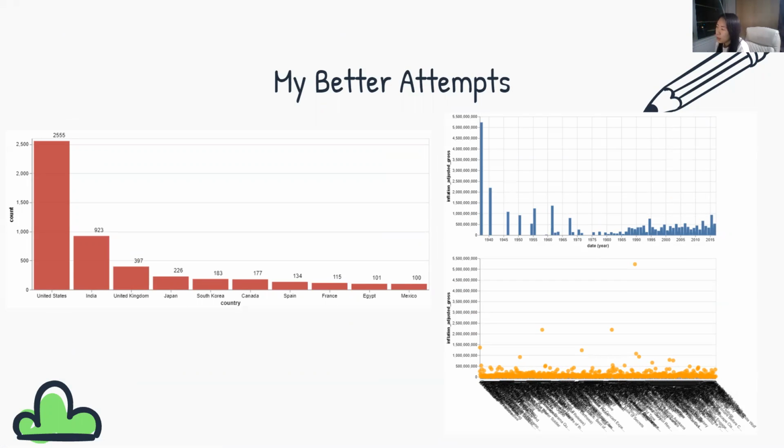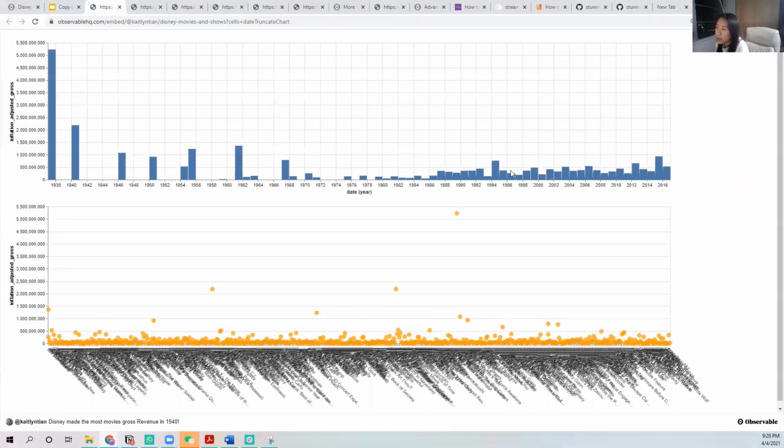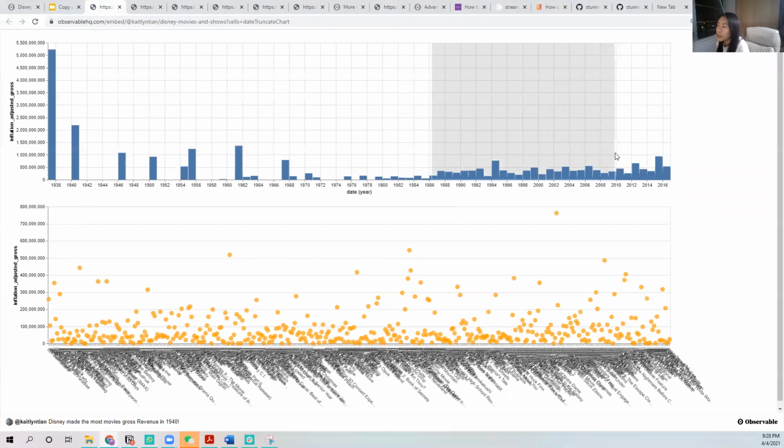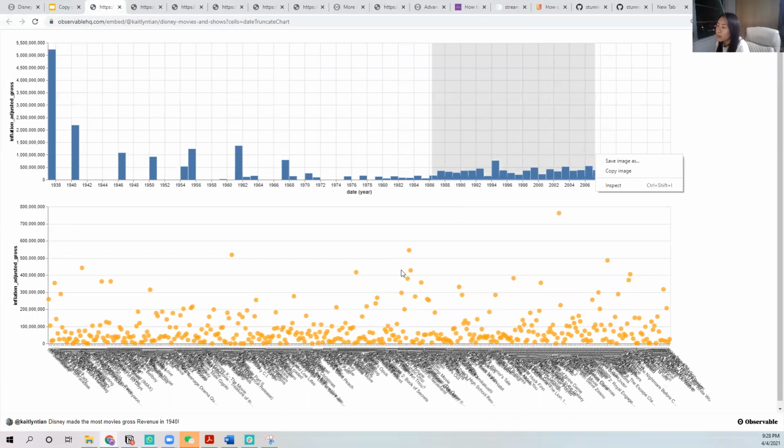And the second one is a data visualization I did last week on the Disney revenue distribution. And I love that you can select and you can highlight a number of things. So you can see that in 1994, the Lion King produced a relatively higher revenue.